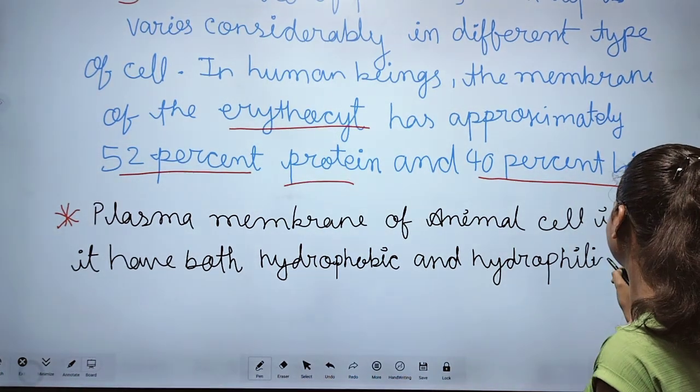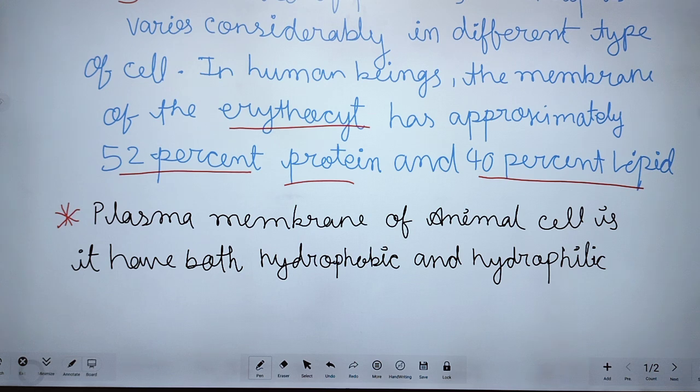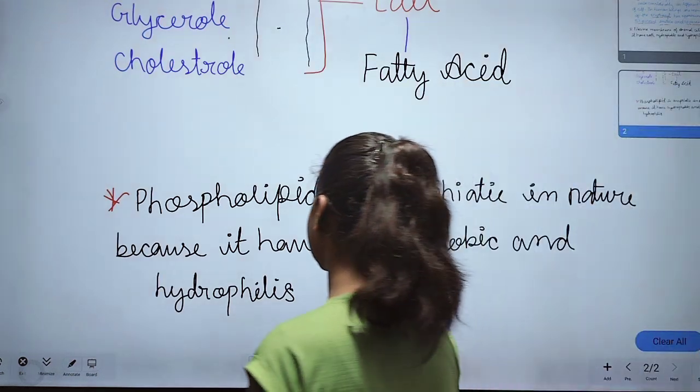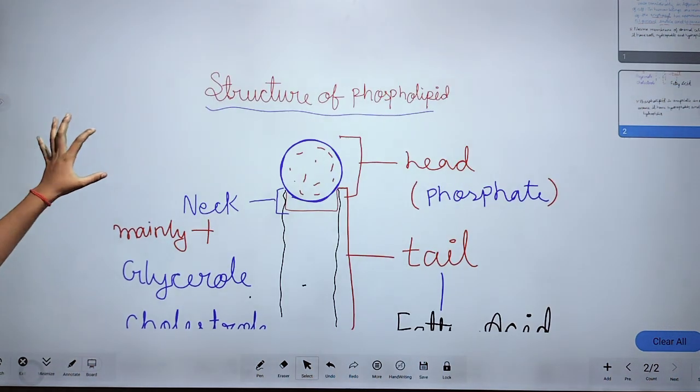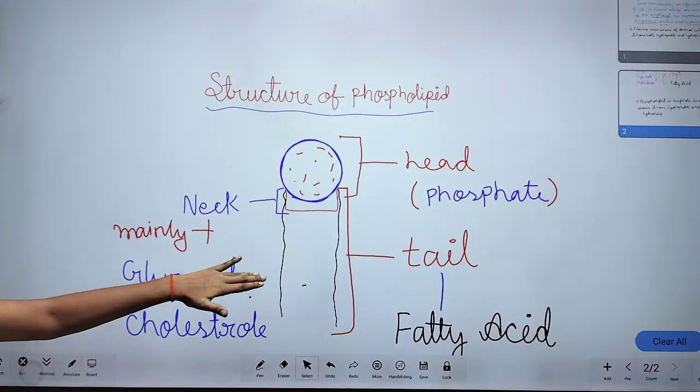Now we see the structure of phospholipid: head, neck, and tail.